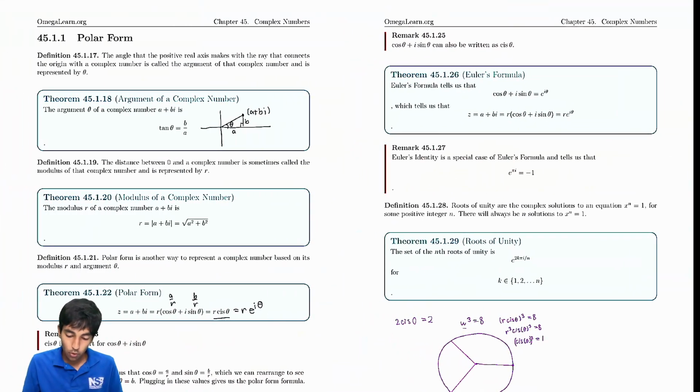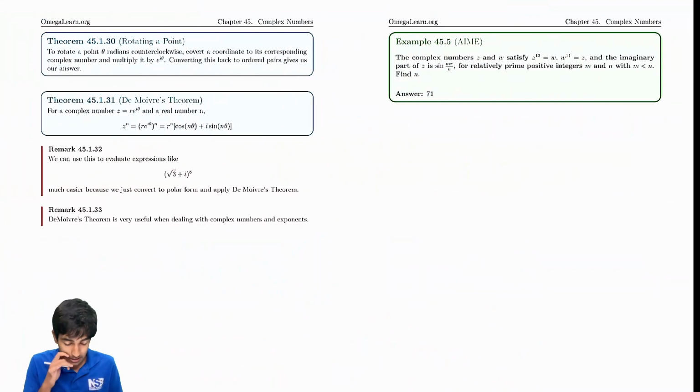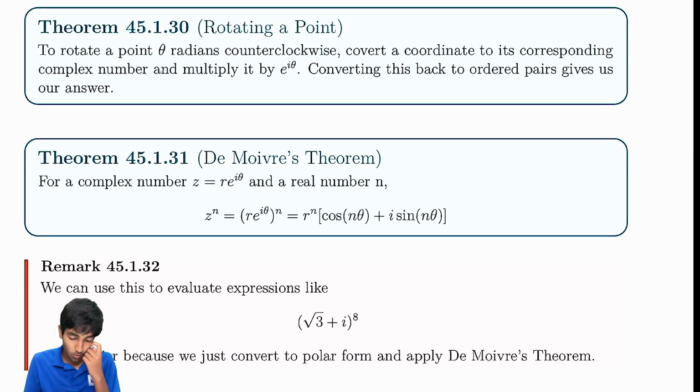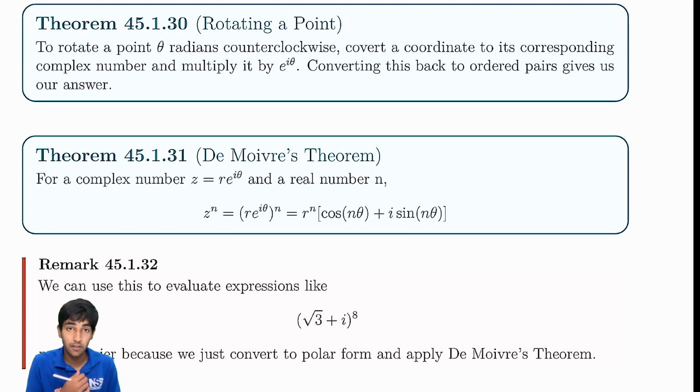Here's kind of the neat thing, and before we get into this, let's quickly go over DeMoivre's theorem. We'll come back to this slide later and cover it in more detail.